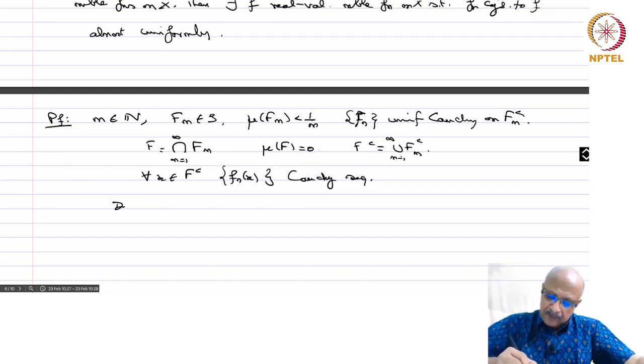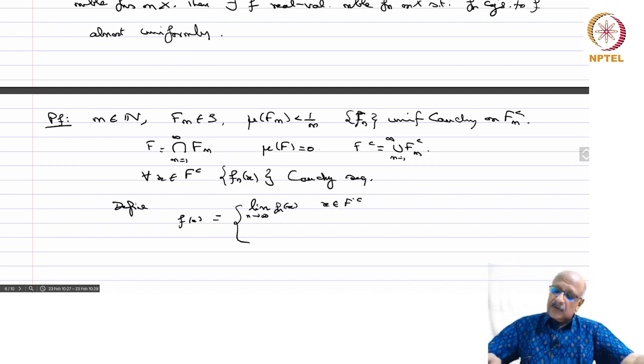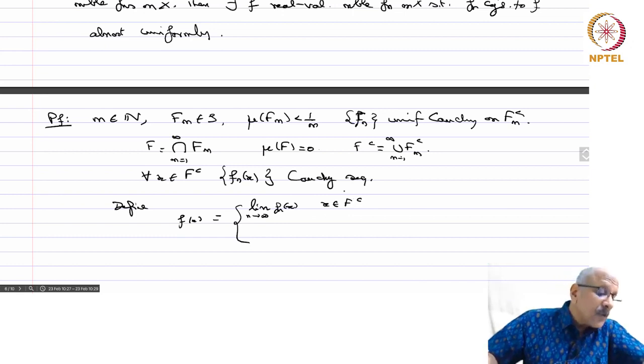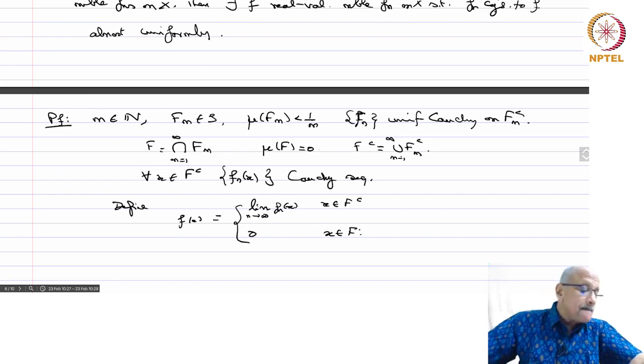So you define f(x) equals limit n tending to infinity f_n(x) if x belongs to F complement, because it's a Cauchy sequence, it is convergent, and 0 if x belongs to F.